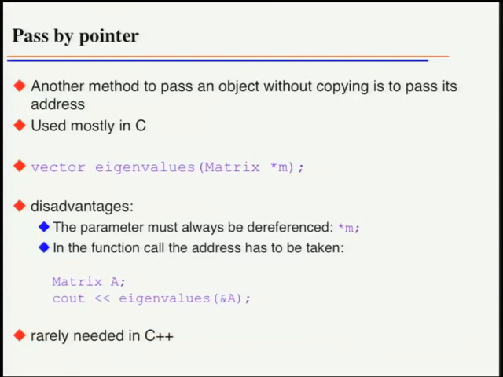The downside is that if you only want to access this variable, you always need to dereference this pointer variable explicitly. And when calling the function, you have to explicitly take the address to get a pointer that you can pass to this pointer.